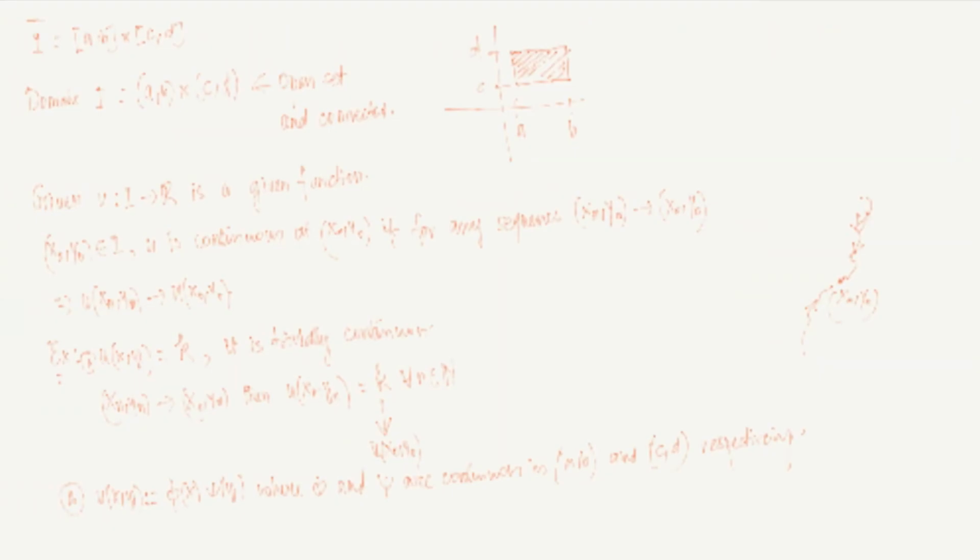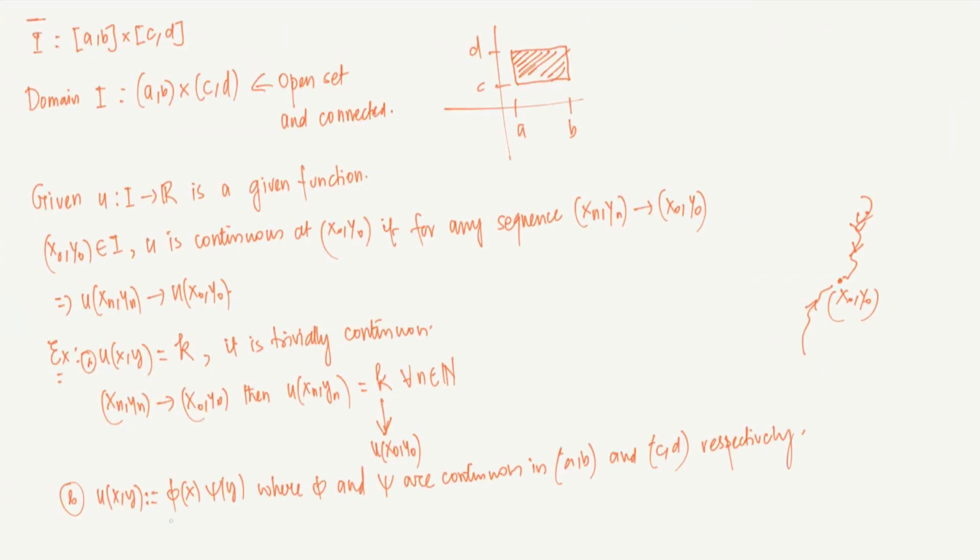Now what is the beauty of this thing? The beauty of this thing is you can actually create a lot of different functions which are continuous in 2 dimensions. So let's say, for example, you take phi of x to be sine of x, and psi of y to be, let's say, cosine of y. I'm just giving an example.